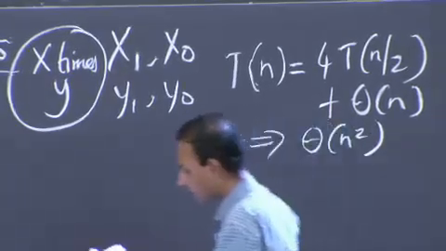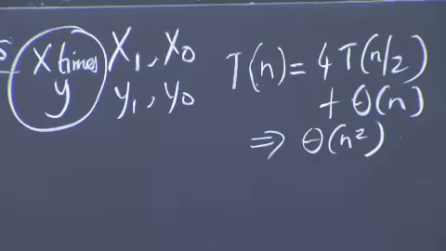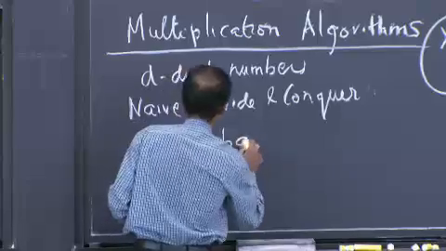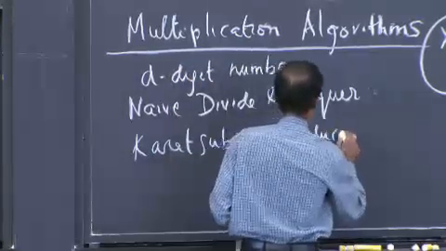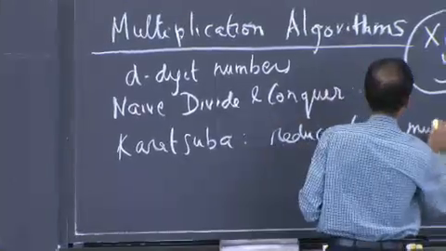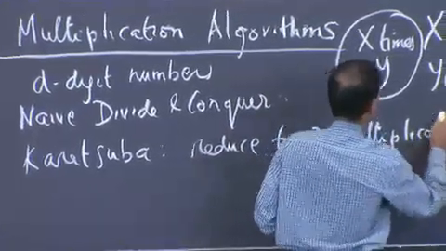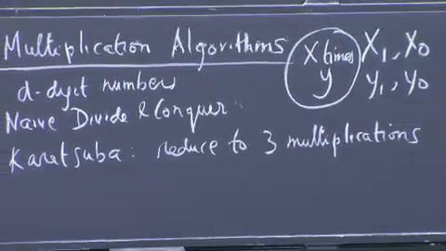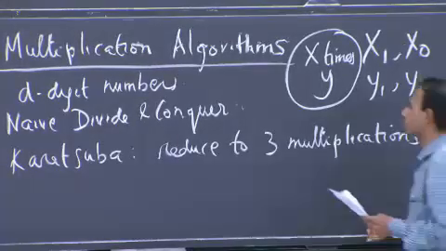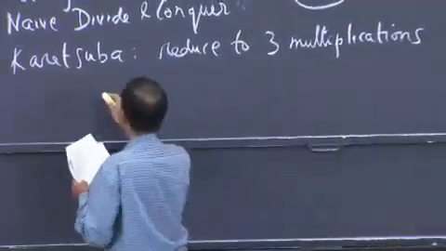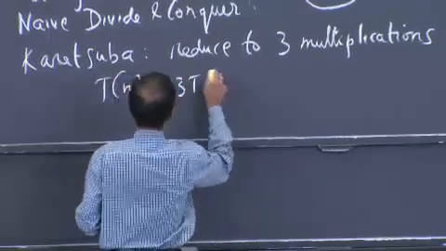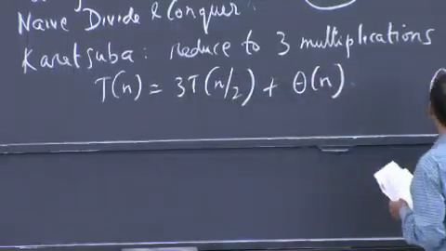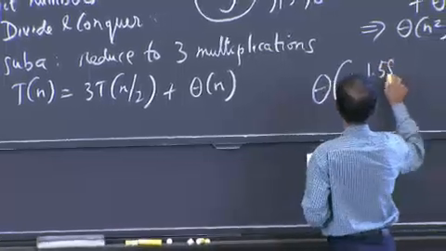This gentleman by the name of Karatsuba recognized that you could play a few mathematical tricks, which I won't go over again, but reduce to 3 multiplications, and you do a few more additions. But given that the additions have theta n complexity, the recurrence relationship turns into Tn equals 3T of n over 2 plus theta n.